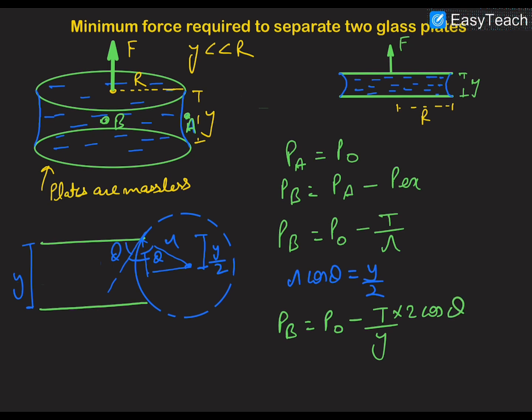Okay, so this is the pressure at B. Now we can see that the air will be applying a pressure of P naught from the top on this plate also.